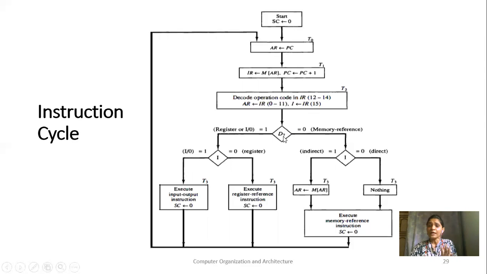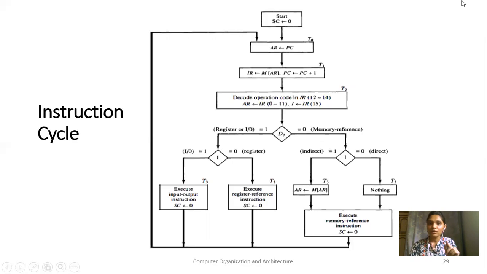Okay, now you have to take a decision which instruction is going to be executed. If the D7 bit is 1, then it is clear that a register reference instruction or IO reference instruction is there. And if D7 is 0, that means a memory reference instruction will be there. That means any of the D0 to D6 signals will be generated. So if your D7 bit is 1, that means a register or IO reference instruction is there.